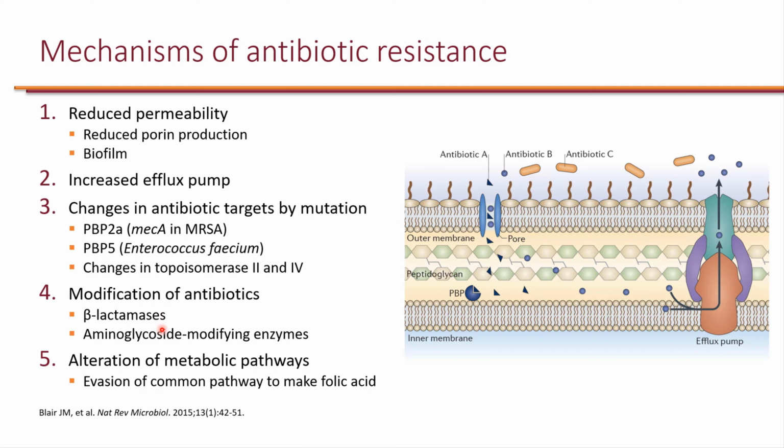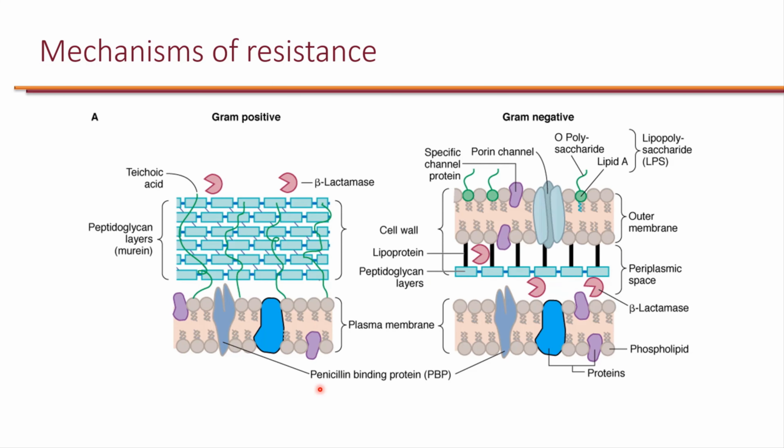There are also aminoglycoside-modifying enzymes that can alter aminoglycosides. And lastly, there is alteration of metabolic pathways. For example, evasion of the common pathway to make folic acid leads to resistance to trimethoprim-sulfamethoxazole. Now, there are other mechanisms of resistance, but these are the common ones that we will focus on.